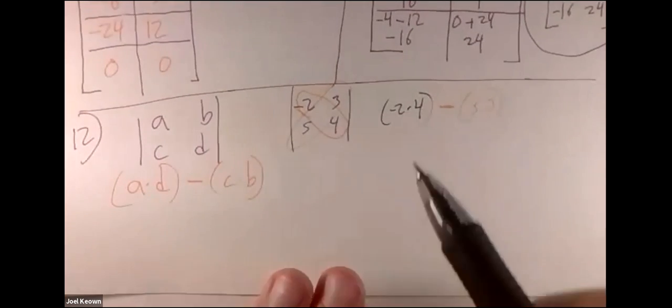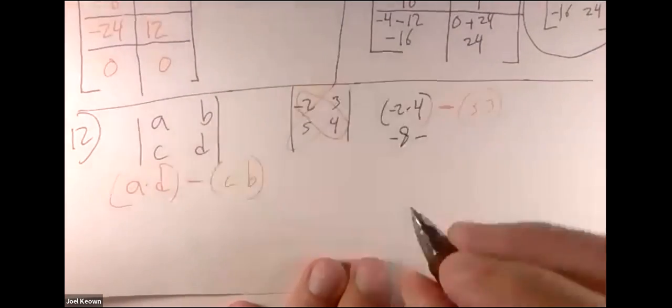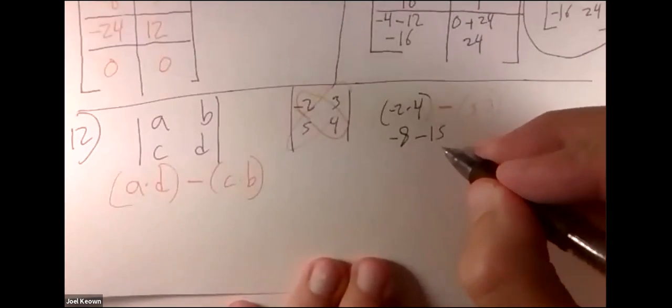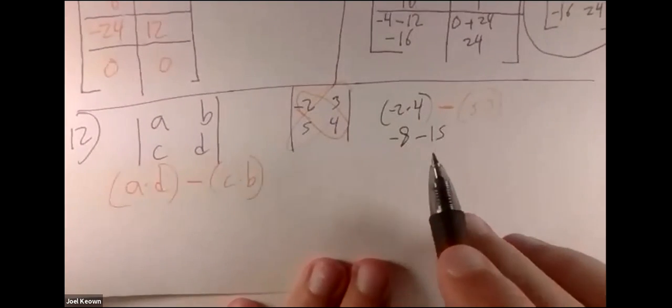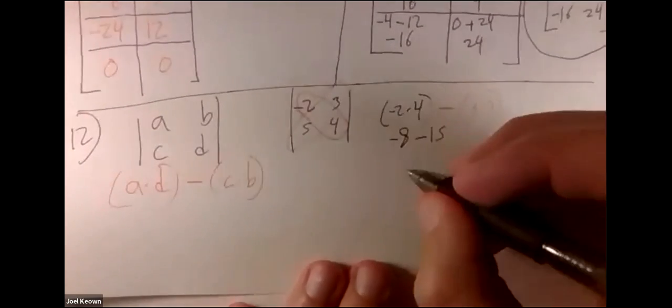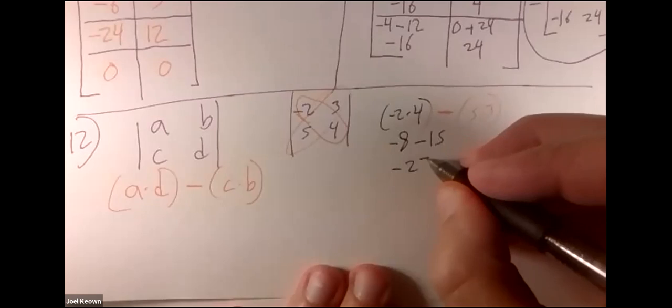Well, negative 2 times 4 is negative 8. 5 times 3 is 15. Negative 8 minus 15 is negative 23.